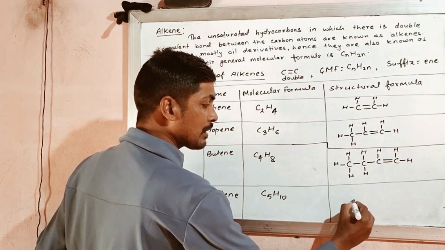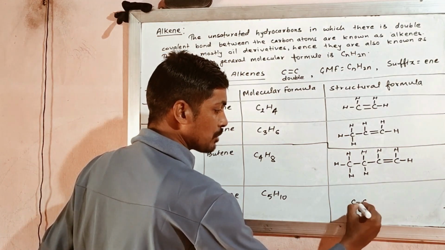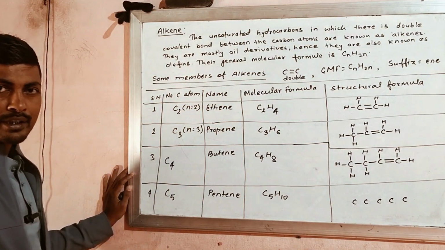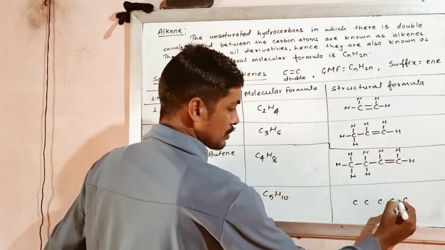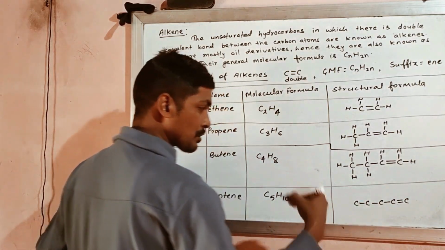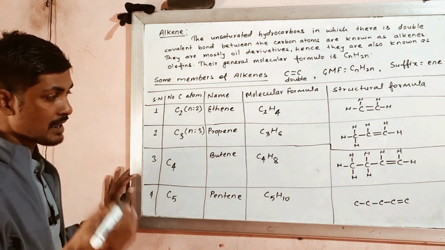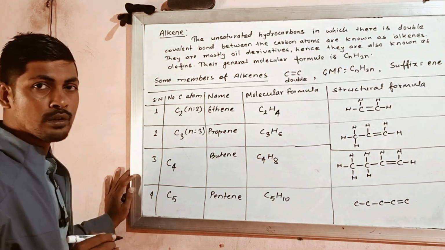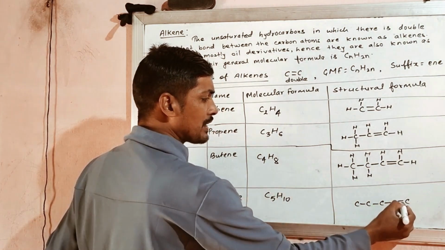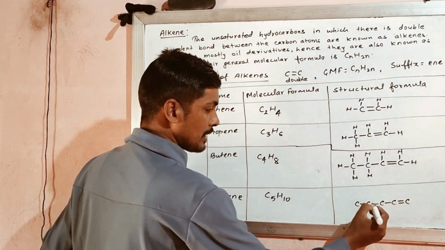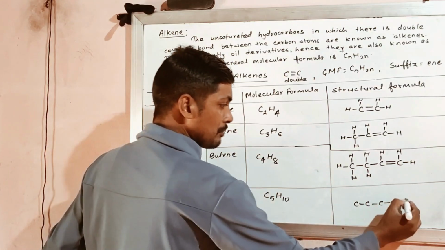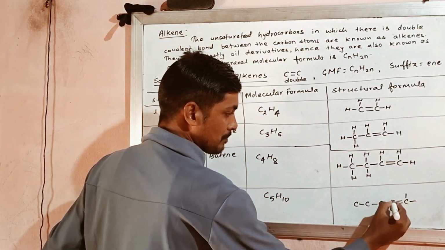Now what will be the structure of pentene? First of all, make 5 carbon: 1, 2, 3, 4, 5. Between any 2 carbon atoms, place a double bond. Generally I place it here. Actually there is a rule behind that at a higher level, but for our convenience it will be easy to keep the double bond at the first carbon, with single bonds between the other carbons, and complete 4 covalent bonds around each carbon.